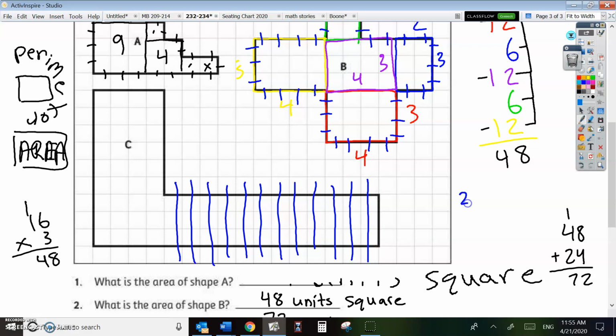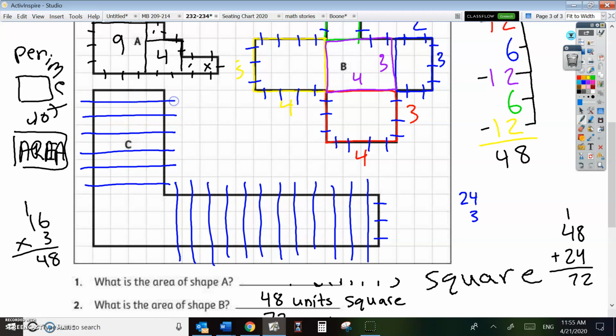So there's 24 to start, and then 1, 2, 3, and those 3. And now I'll count 2, 4, 6, 8, 10, 12. And these 3, 1, 2, oh, that's 4 there.